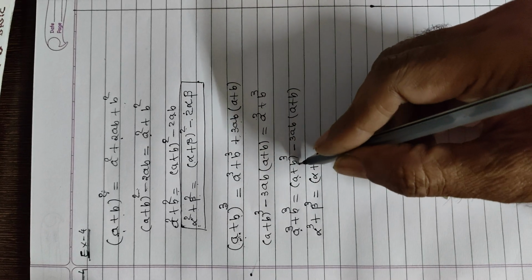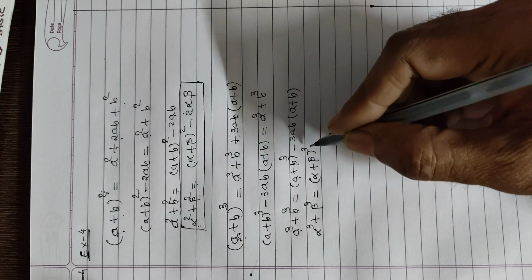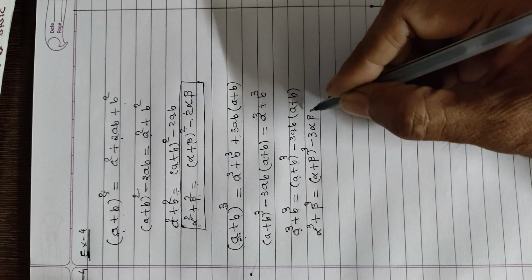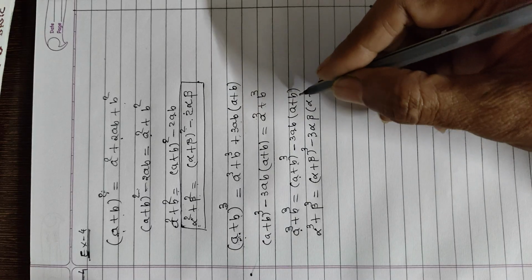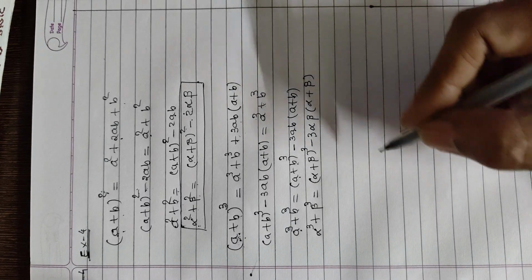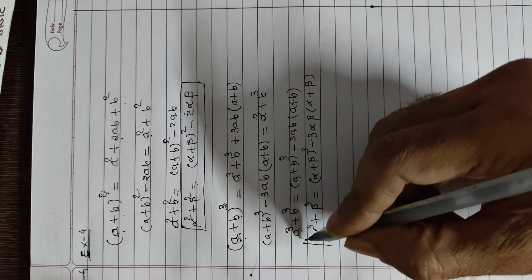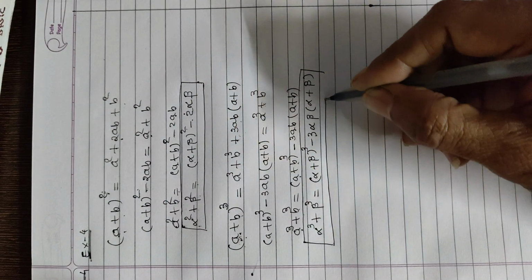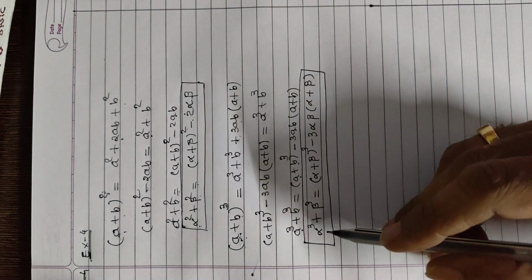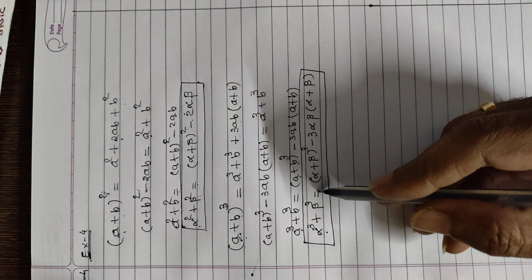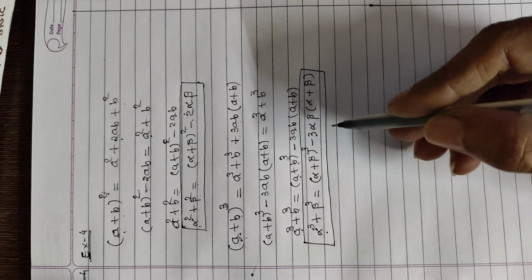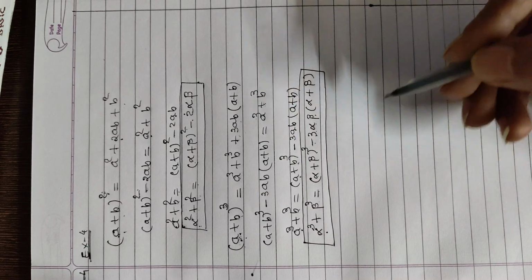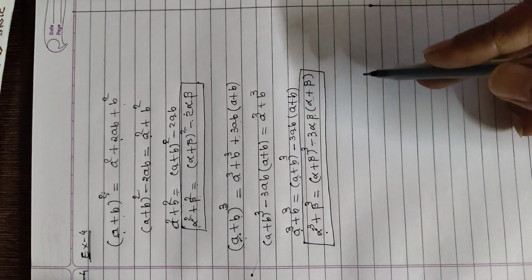So this is the second important formula that you must remember: alpha cube plus beta cube is equal to (alpha + beta) whole cube minus 3 alpha beta into (alpha + beta). This is the second important formula.